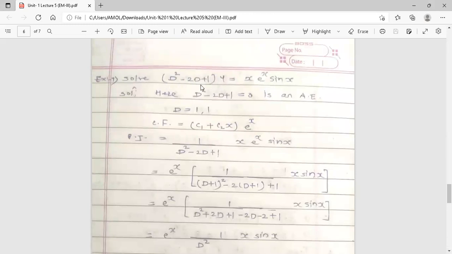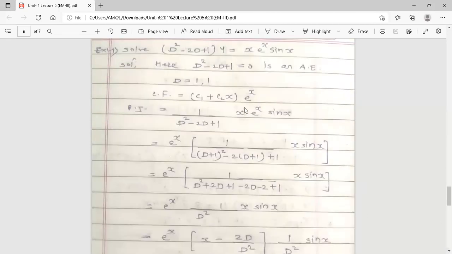Solve D square minus 2D plus 1 into y is equal to x into e raised to x into sin x. This is the first example. Here it is in reduced form, phi of D into y is equal to f of x. So you equate phi of D equal to 0 so that you will get the auxiliary equation, that is D square minus 2D plus 1 is equal to 0.